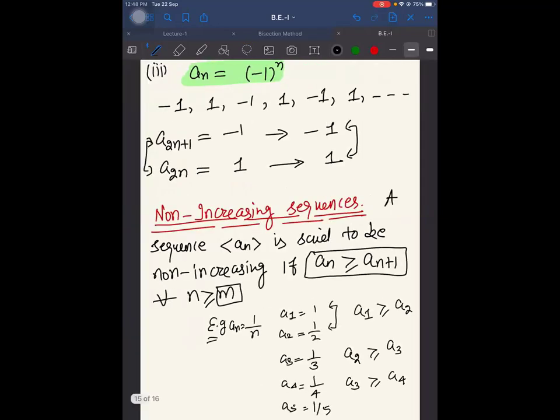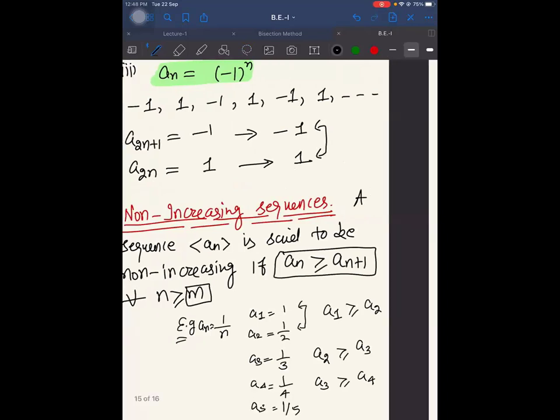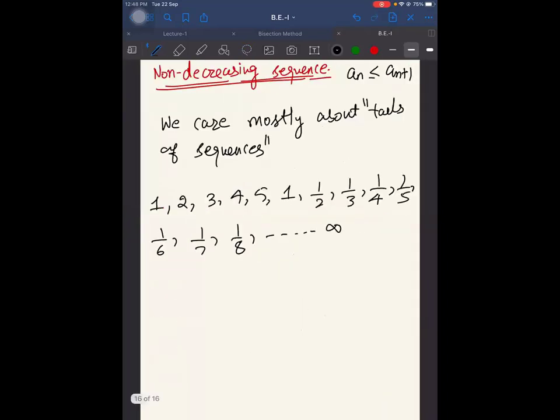Now, can you see whether the sequence is increasing or decreasing or non-increasing or non-decreasing? First increasing, then decreasing. Yes.